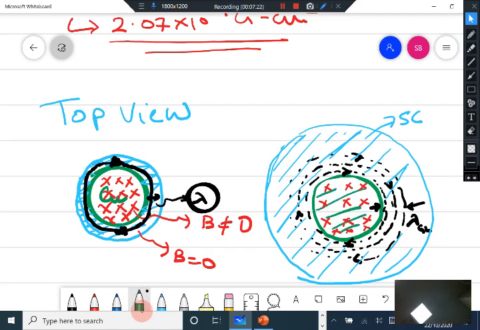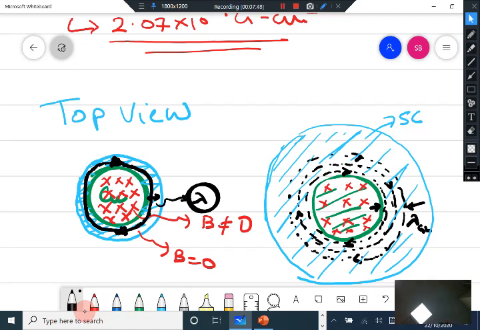Okay, the superconducting region, and around it, up to a distance lambda, you have the shielding currents which are flowing. They get weaker as you move out. That is why I am drawing them as just dots as you go towards the periphery, until they disappear completely.